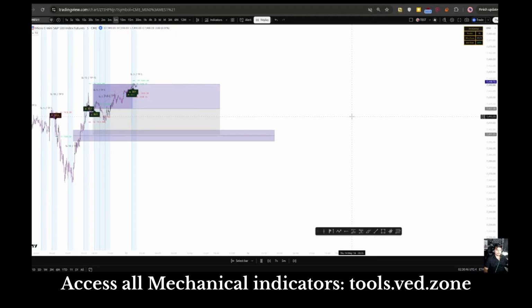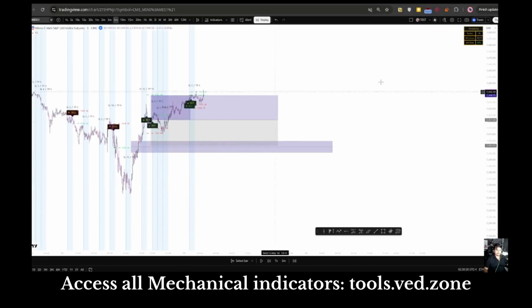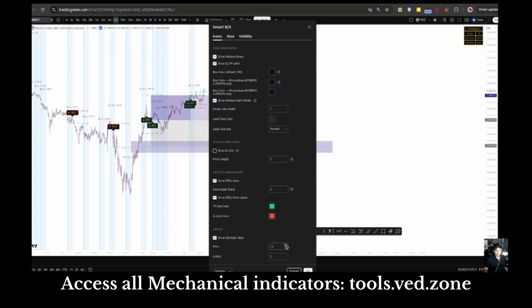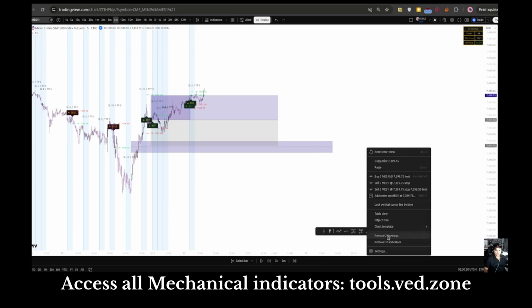Boom, TP has been hit. Other TP hit, other TP hit. That's 3 wins there. 1, 2, 3. Remove 2 drawings.